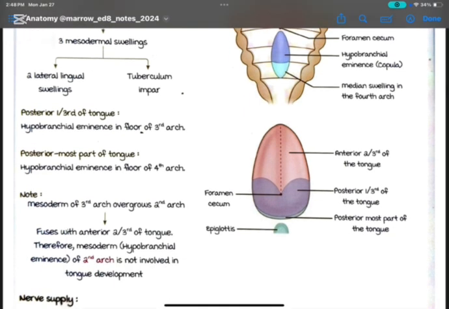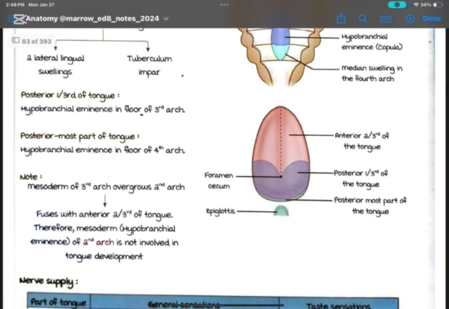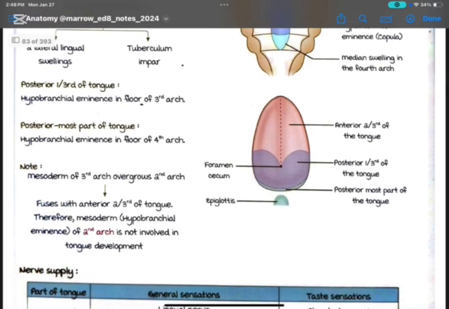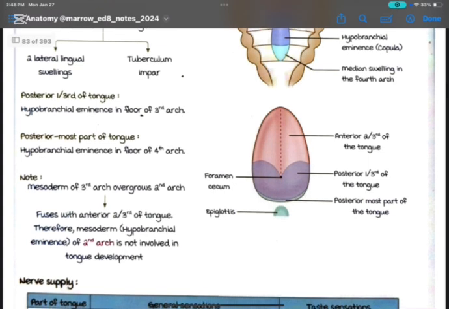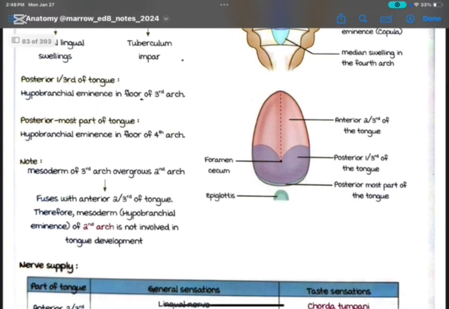Anterior 2/3 of tongue, posterior 1/3 of tongue, posterior most part of the tongue, epiglottis. Mesoderm of third arch overgrows second arch, fuses with anterior 2/3 of tongue, therefore mesoderm hypobranchial eminence of second arch is not involved in tongue development.